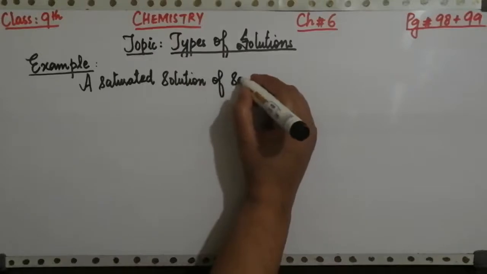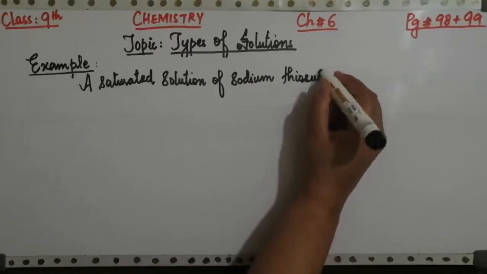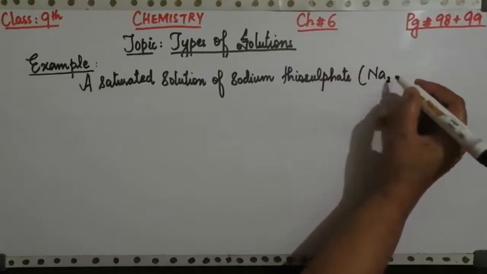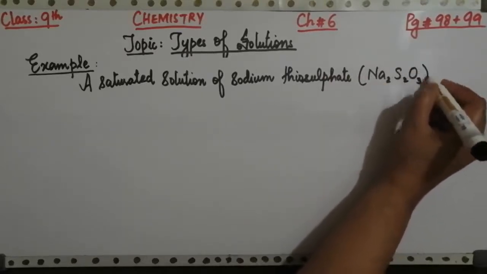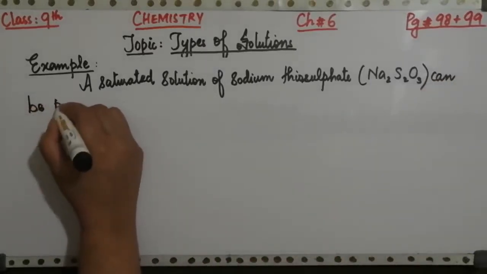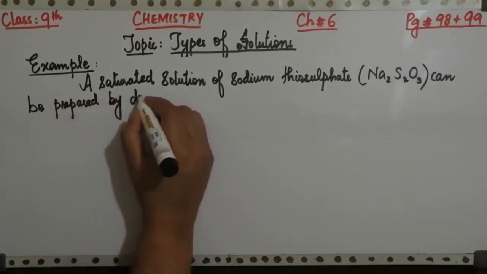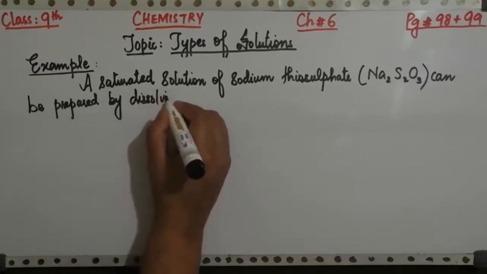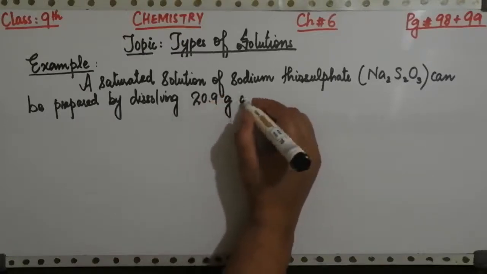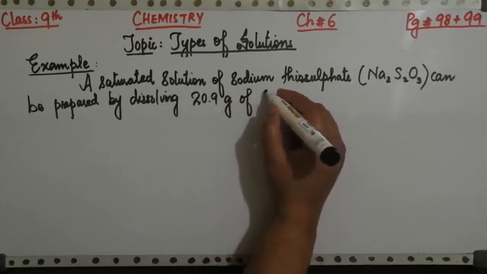of sodium thiosulfate, having the formula Na2S2O3, can be prepared by dissolving 20.9 gram of this solute, or 20.9 gram of sodium thiosulfate.